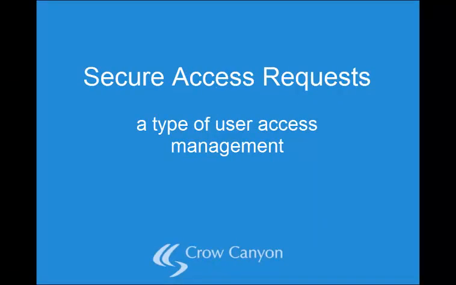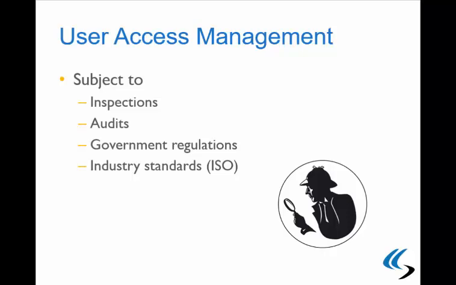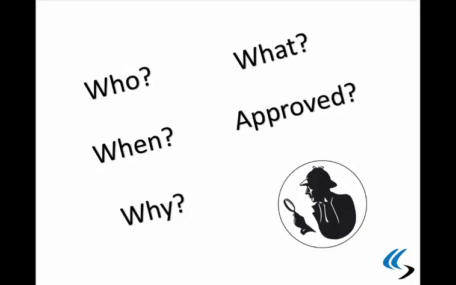Now, a secure access request is a form of user access management. This type of access is very important to keep control of due to not only internal operations, but also due to government and regulatory compliance requirements, including the very real risk of being audited and being subject to inspection as to does this person who has been given these rights, who gave it to him, why was it granted, when was it granted, what level of access was granted, and was the person properly trained, were personal risk assessments done.